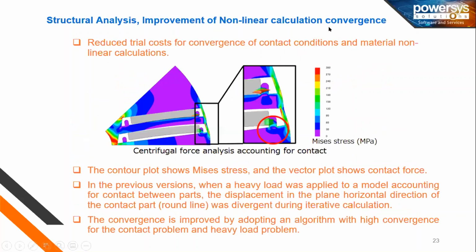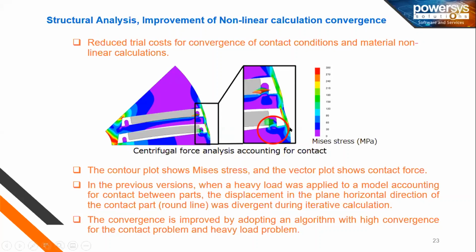And the convergence issue was there in version 20. But here in 21, the nonlinear calculation convergence is drastically improved with the help of a high convergence algorithm. This is the example that is shown. The contour plot is showing the mistress, and the vector plot is showing the contact force.